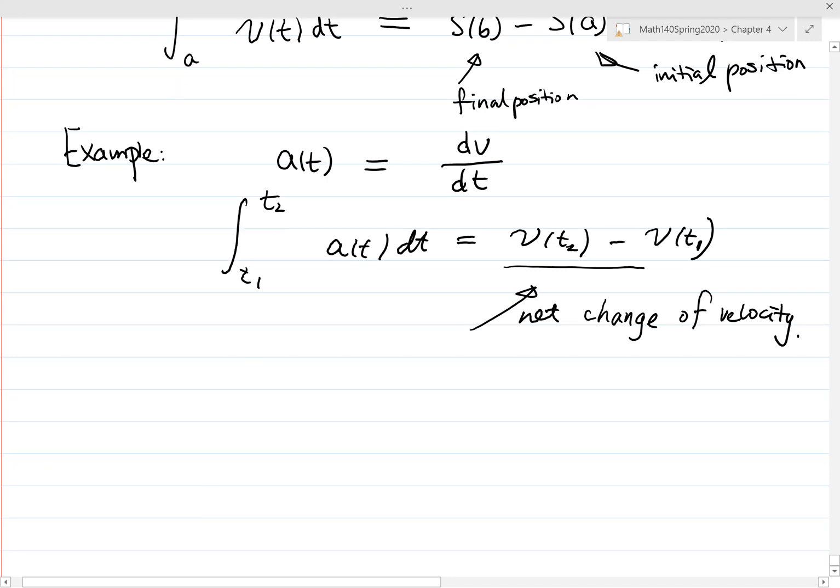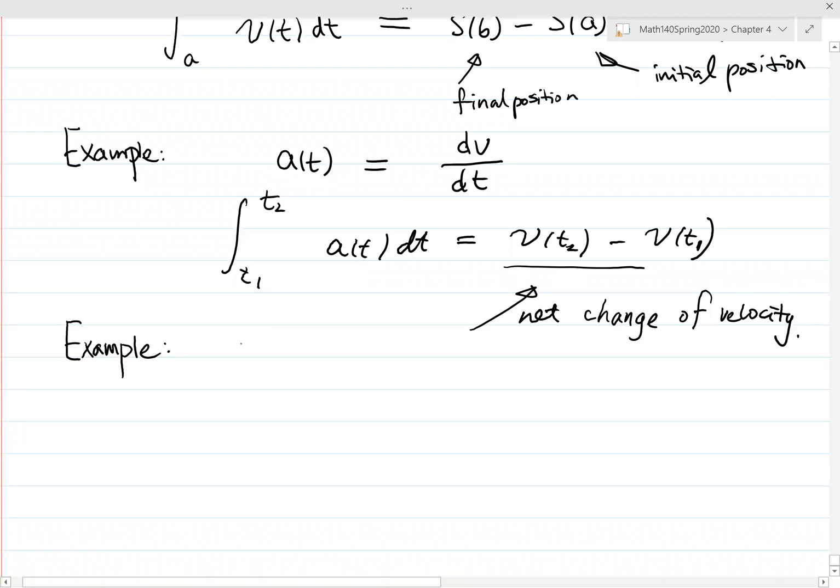Another example, and there are a lot of examples. If you study chemistry, then you care about the concentration of a certain chemical product in a reaction.